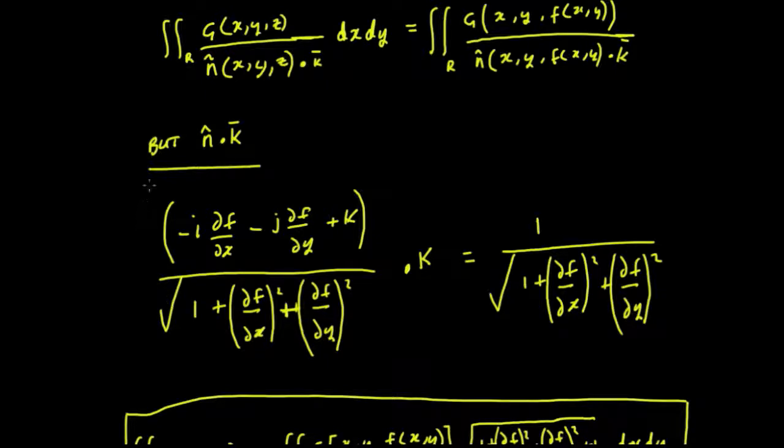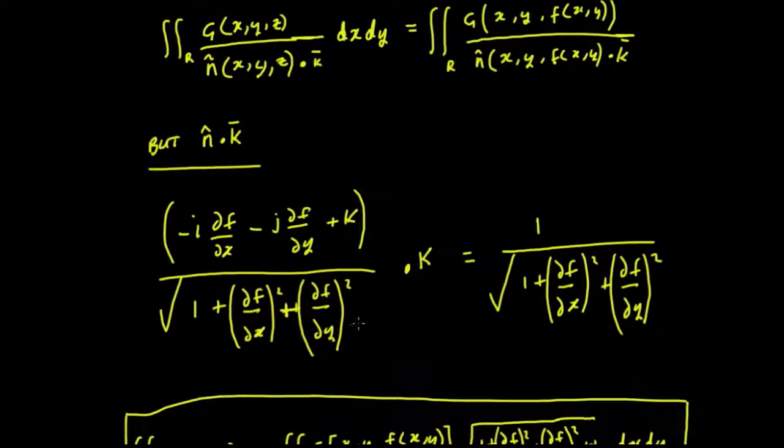So now we've got to this point, but we know that n dot k, well, from the last video we derived the normal vector, and it can be written as minus i partial f by partial x minus j partial f by partial y plus k, upon the root of 1 plus partial f by partial x squared plus partial f by partial y squared.